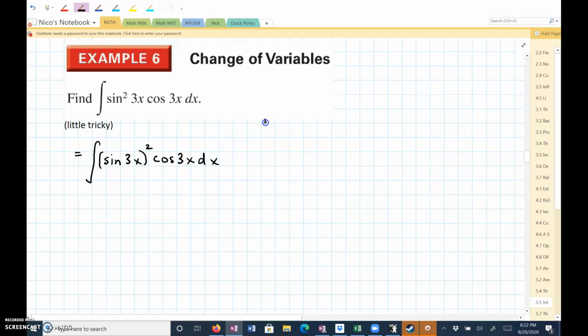We're going to let u equal sine 3x. So du/dx is going to be cosine 3x times 3, or du equals 3 cosine 3x dx.